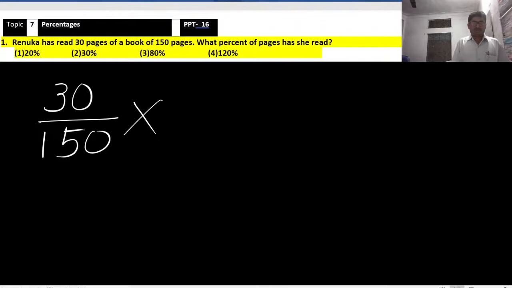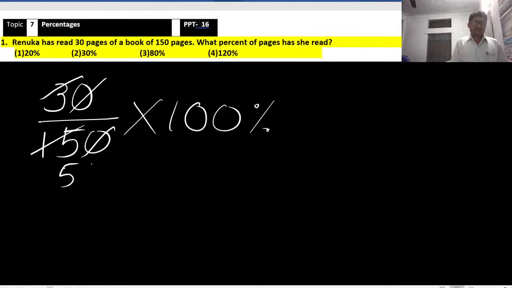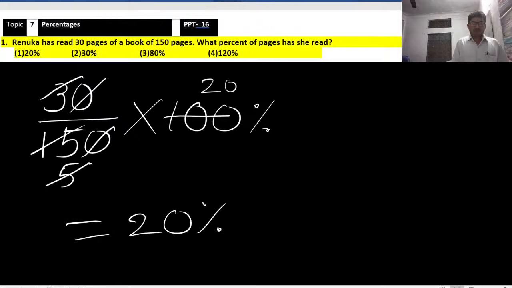To convert into percentage, we multiply with 100 and keep the percentage sign, then simplify. So the zeros get cancelled, 3 fives are 15, 5 threes are 15, 5 twenties are 100. So 20 percent, option 1.